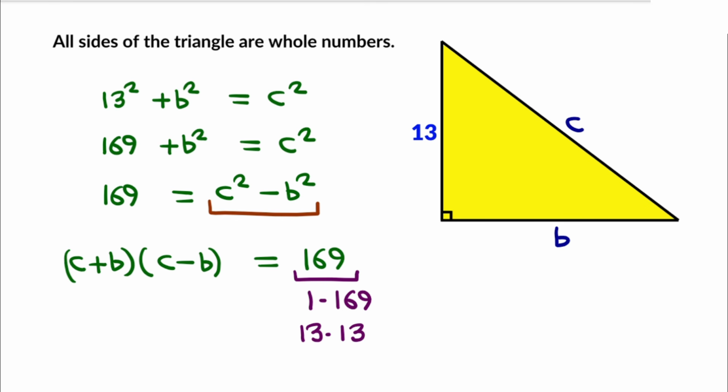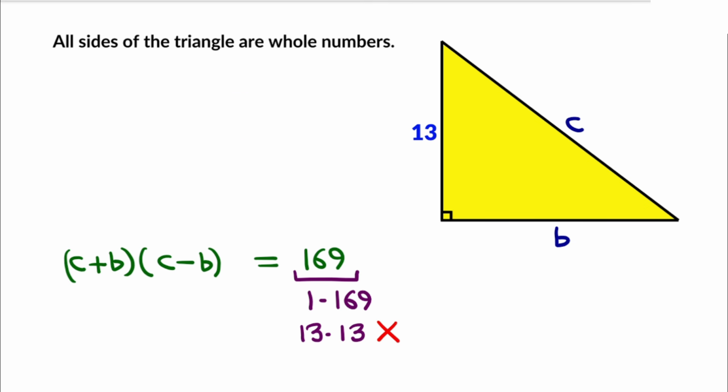Can the factors both be 13? No. If c plus b and c minus b were both 13, they'd be equal. But c plus b must always be greater than c minus b, so that case is impossible. That leaves only one possibility. c plus b equals 169, and c minus b equals 1.